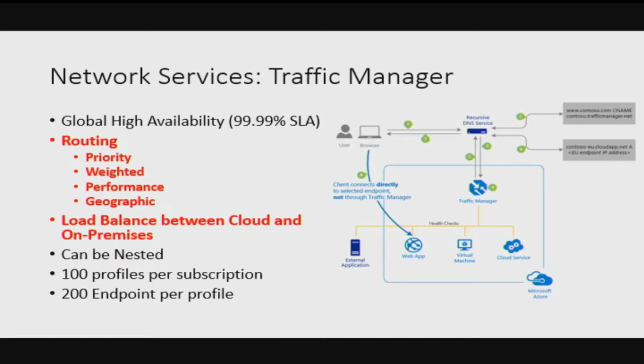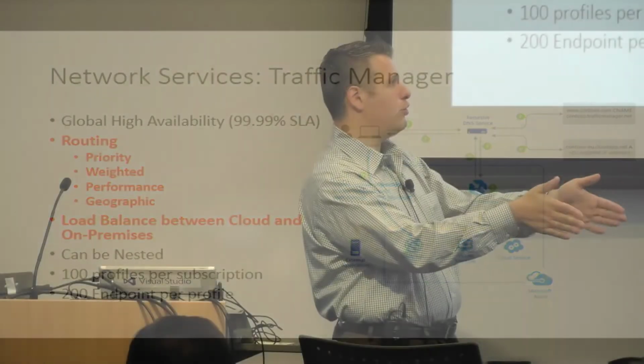So I've got my website, www.mike.com, and I may have 3 different regions. I've got mike.eu for Europe, mike.na for North America, and mike.asia. And so using DNS and the routing rules, the traffic manager can make a decision on which of those deployments or endpoints we're going to push you to.